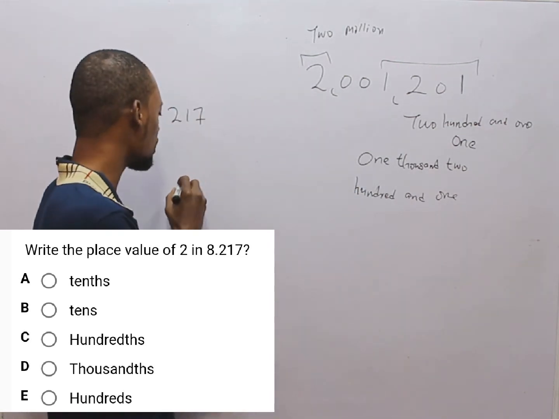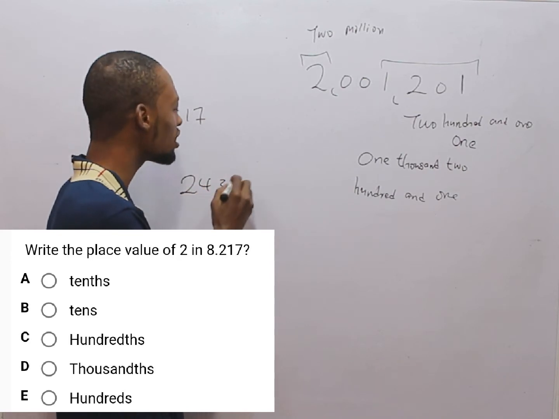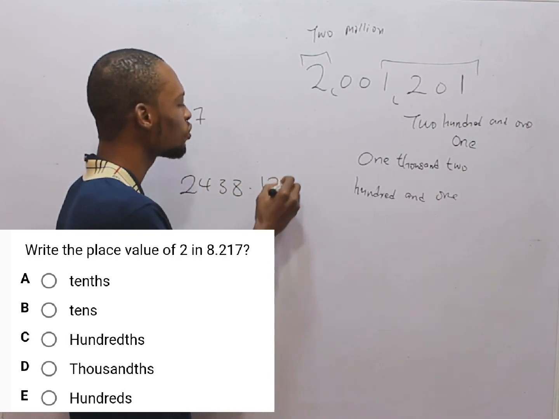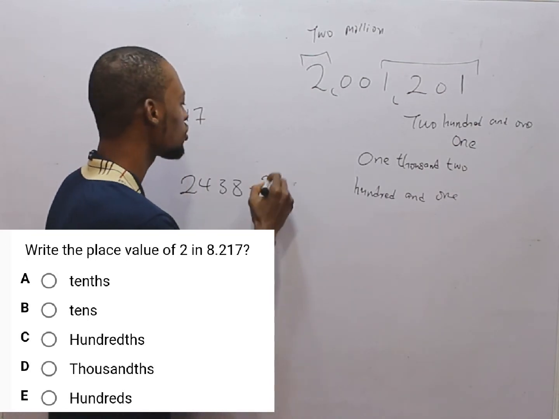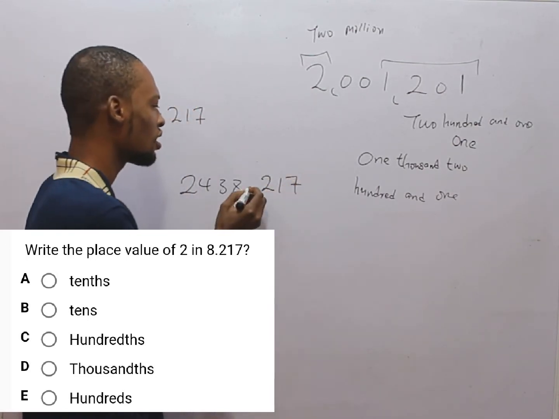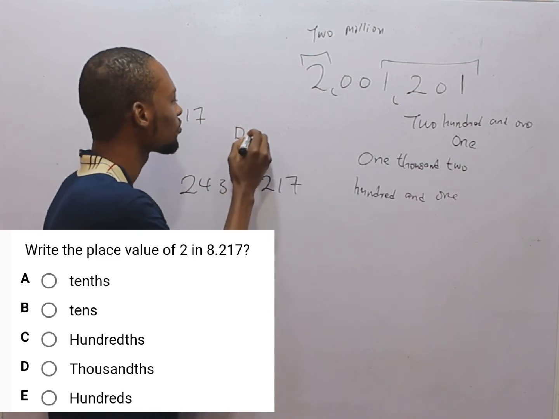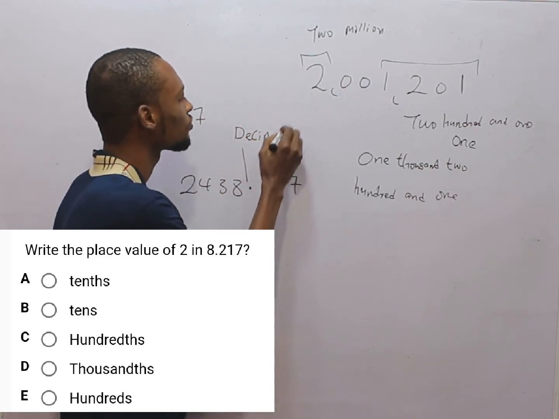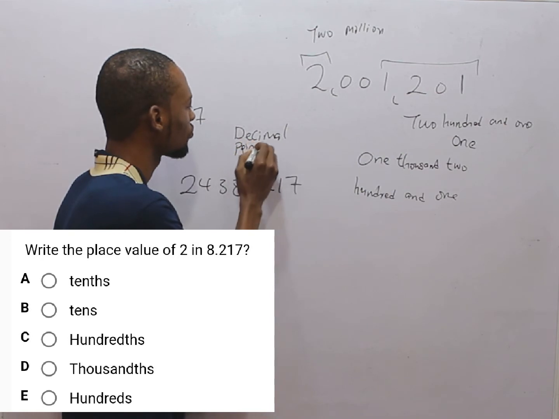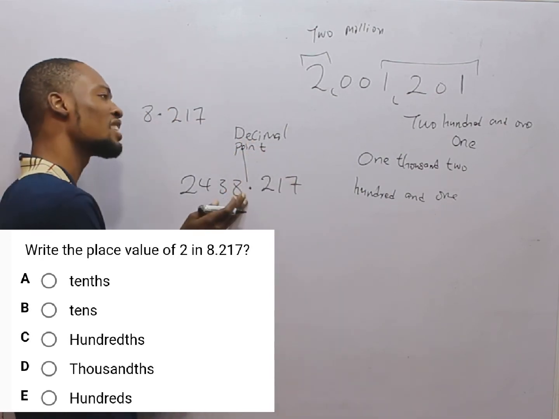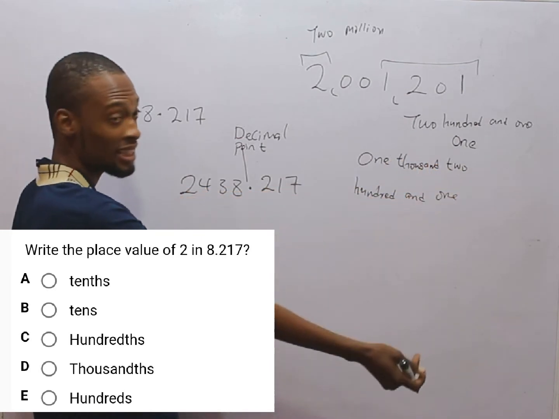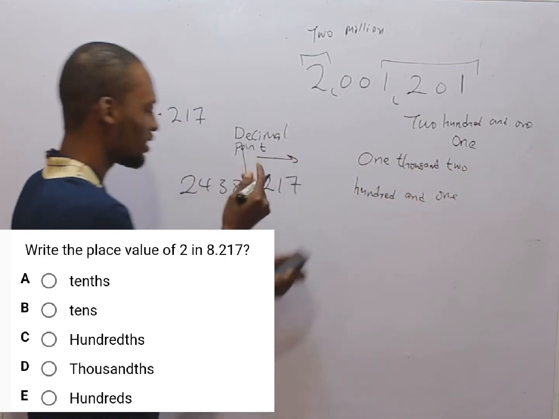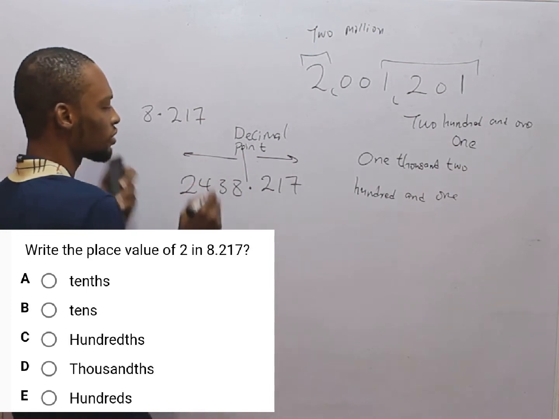If I give you something like this, 2438.1210, or let me say 0.217. This is the decimal point. Now, looking at this decimal point, this side should be to your right. Here should be to your left.